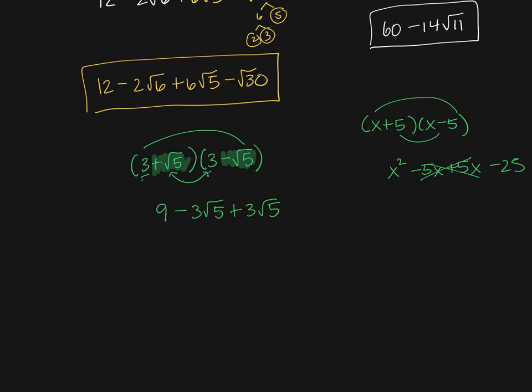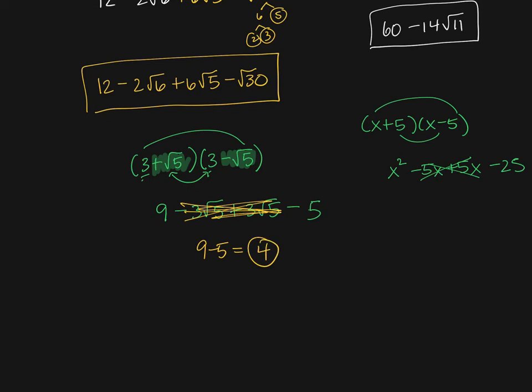So a negative times a positive is going to get you a negative. And root 5 times root 5, again, that's the square root of 25. It's just 5. So let's erase that and write it as a nice looking 5. Well, this whole middle term is gone. These guys don't exist, and you just get 9 minus 5, which is 4.